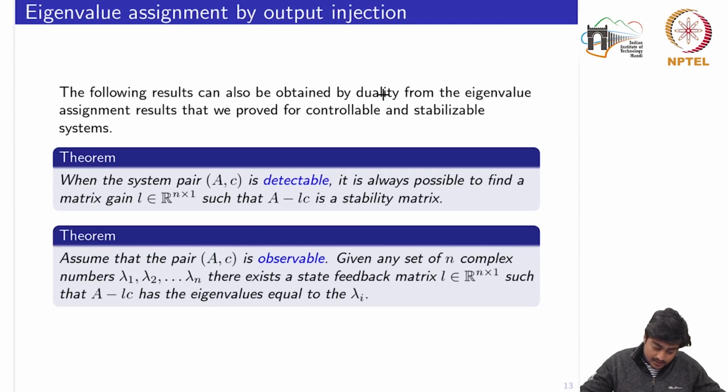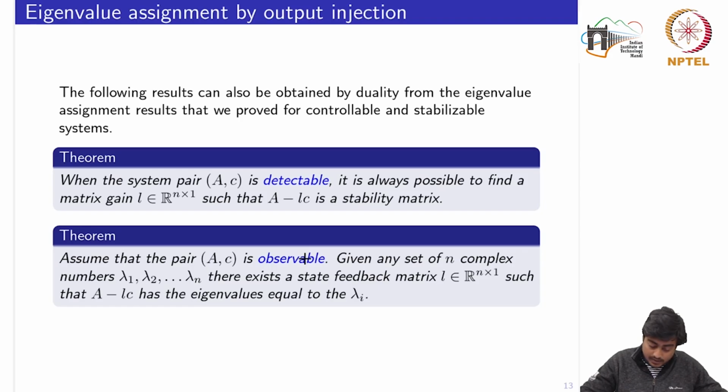So we can quickly see those results. One of the methods you would recall is the eigenvalue assignment approach. The following results can be obtained by duality from the eigenvalue assignment that we proved for controllable and stabilizable systems. First we see the observable case: assume that the pair A, C is observable.